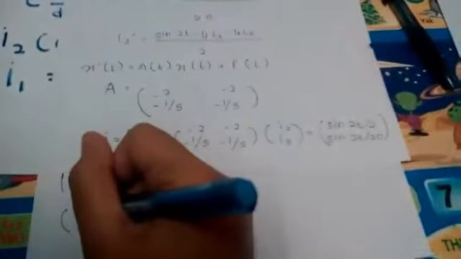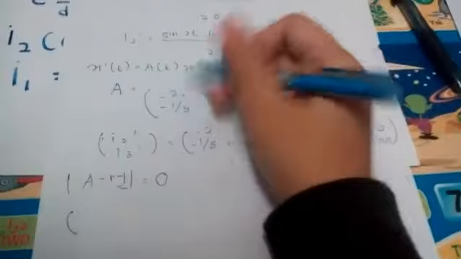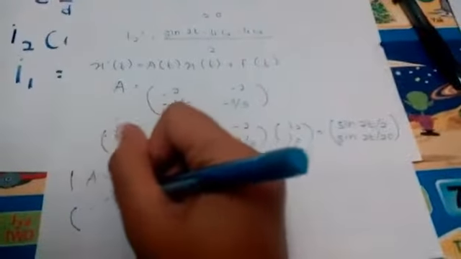So now we need to find the eigenvalues and also eigenvectors. To find the eigenvalues, we need to consider the determinant of A minus rI, which is equal to 0. At our identity part, we need to minus with r.